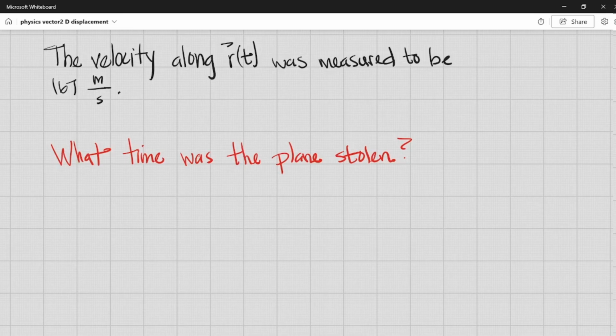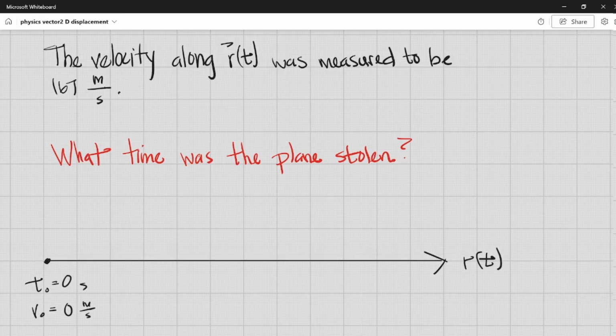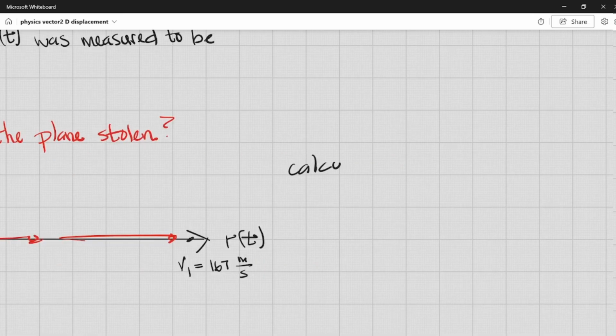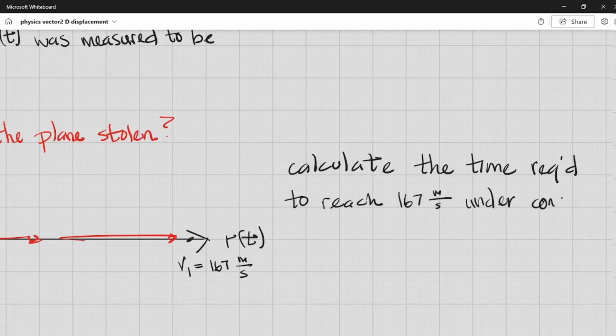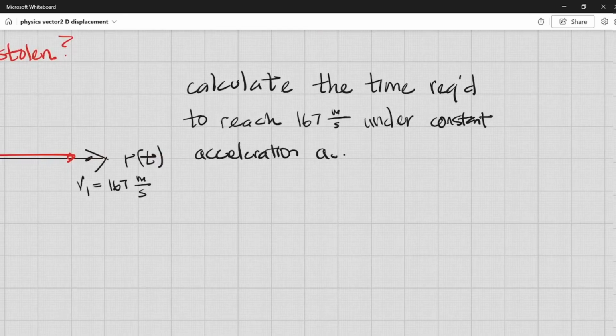By drawing a picture of the flight path, we can get a much better picture of what is happening. I have reduced this to a one-dimensional situation. So we know that force equals mass times acceleration.